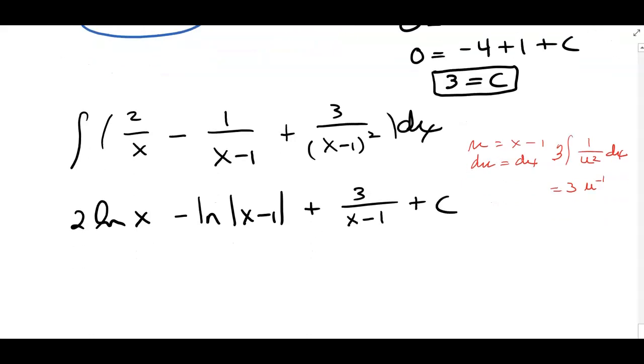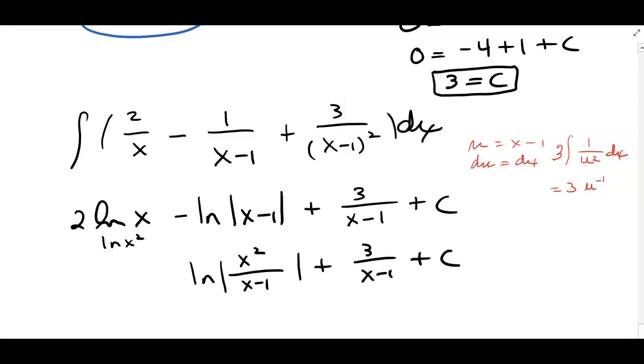Plus C. These two ln's can go together. This actually becomes ln of x squared over x minus 1 plus 3 over x minus 1 plus C.